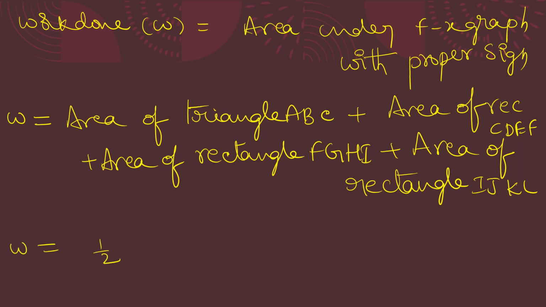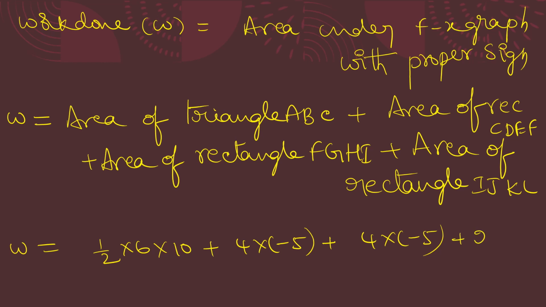Half into 6 into 10 plus 4 into, from the graph we are writing all these values. Here the area of a triangle is half into base into height, and the area of a rectangle is length into breadth. Plus 2 into minus 5.